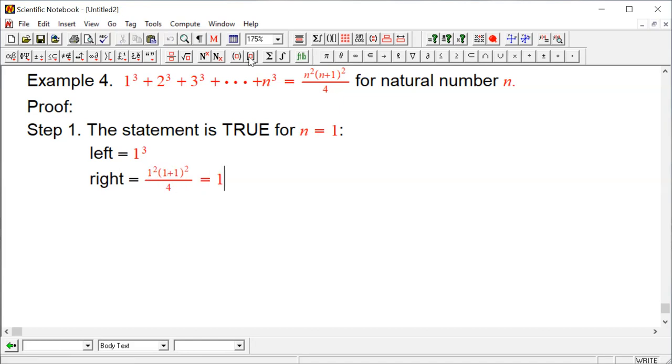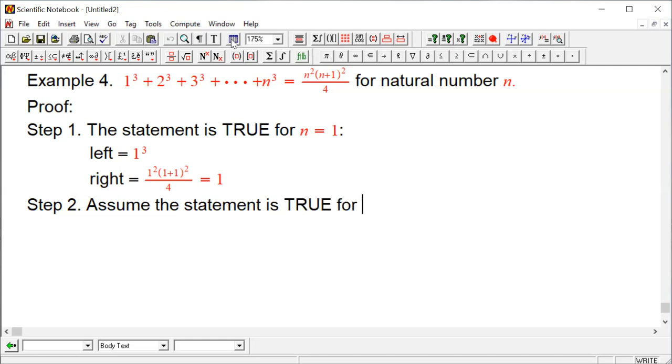And that's going to be 1. So left equals right. True for n equals 1. So step 2, we assume the statement is true for k.